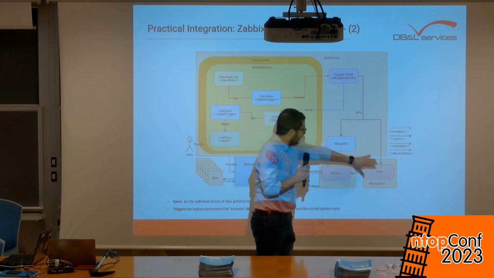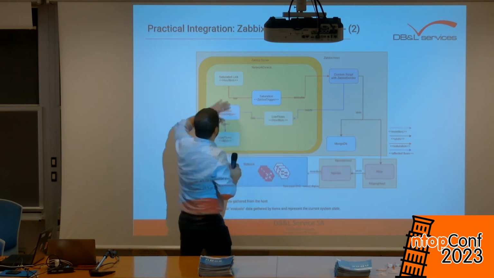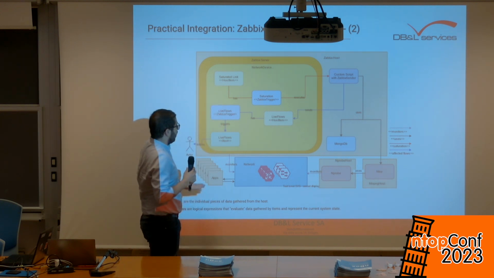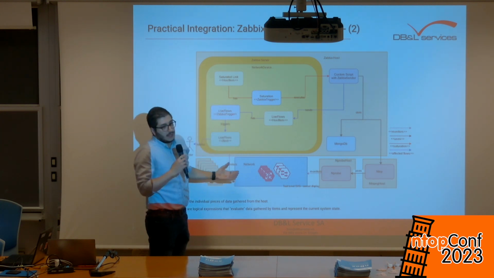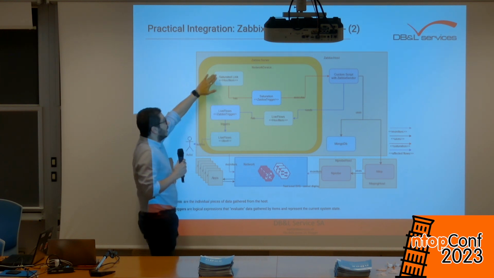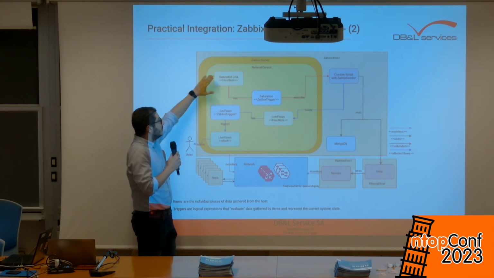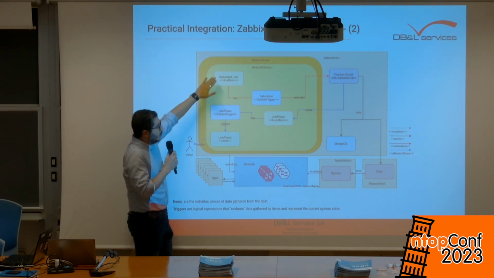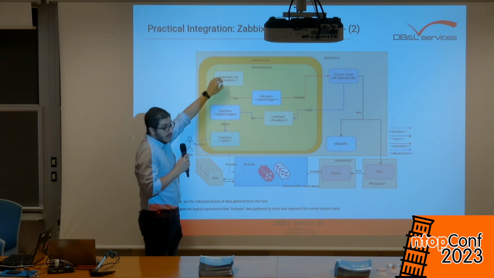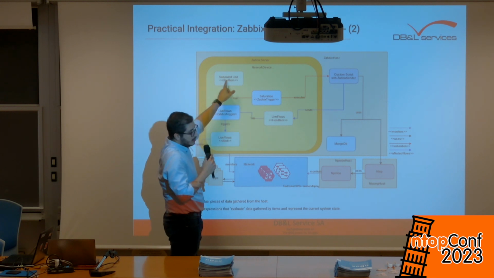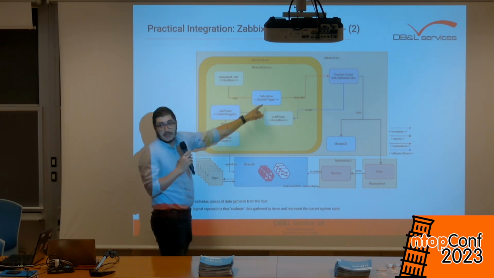So we have the flows here, we have the triggers, we have the status of the network here, and what happens in the moment that you have an issue? Our use case is bandwidth utilization, so the item that will get the information is called saturated link. This item will have the data inside, and the trigger related to that item will be activated.